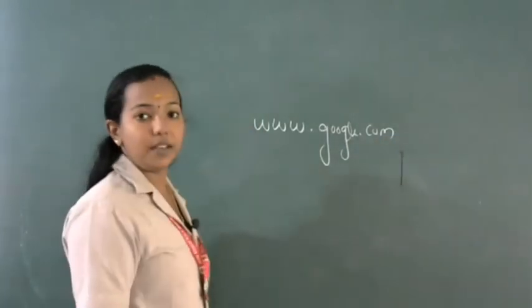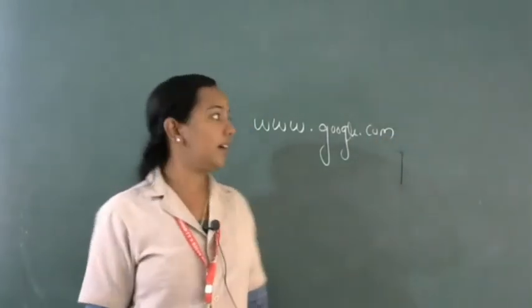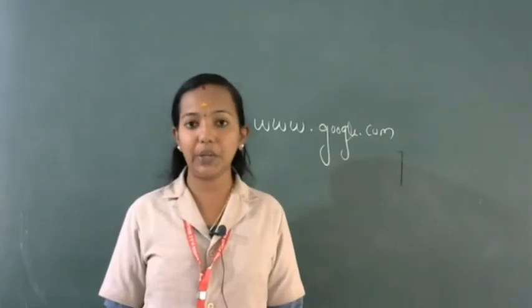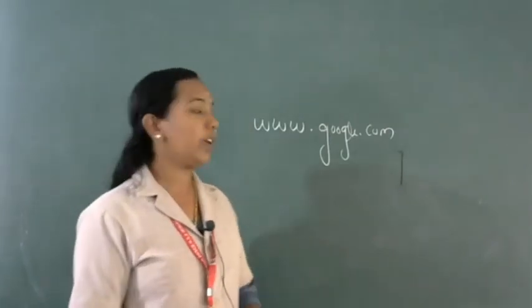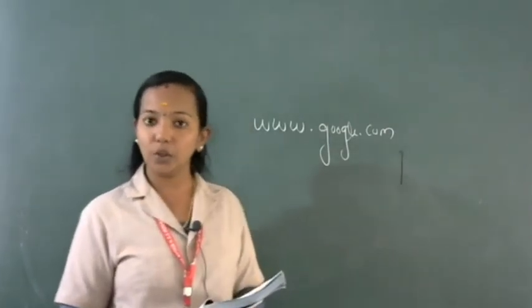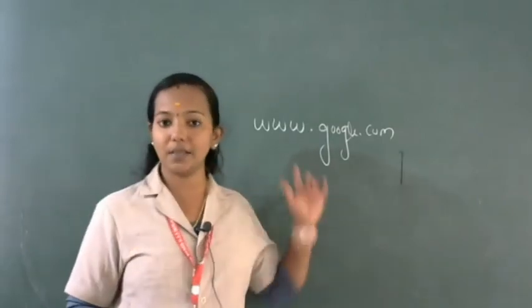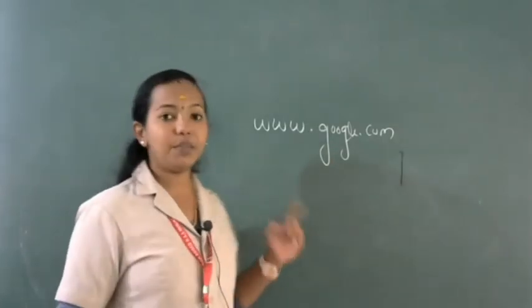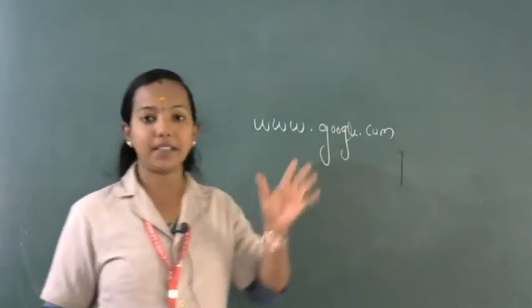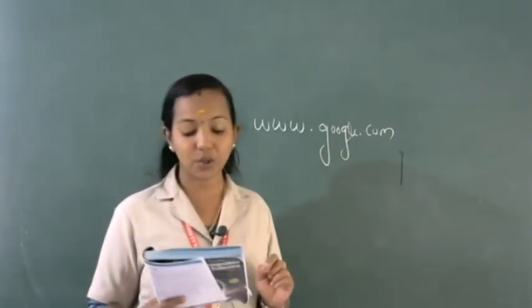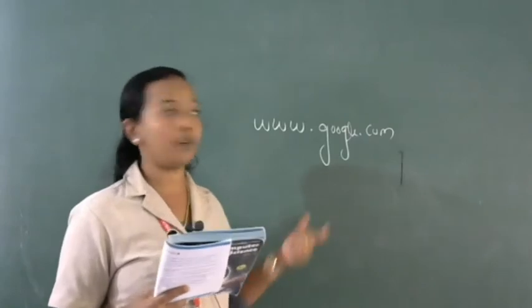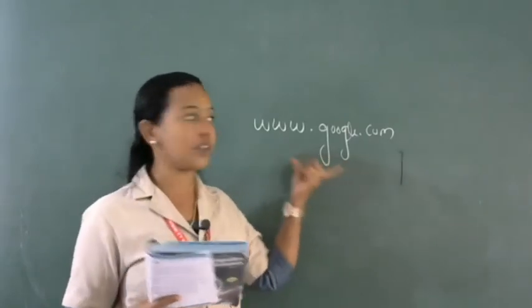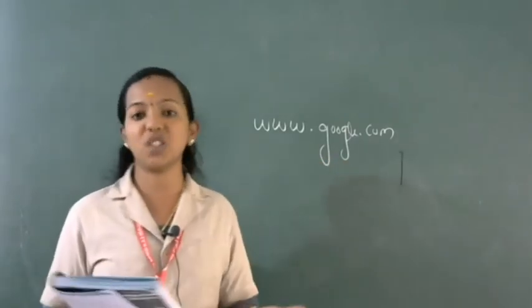Okay, he is using one site, www.google.com. Do you know what this means? Actually, this is a URL. When you type this, you will get the Google web page, that means the Google homepage. Then to search for information, he uses a search engine, the Google search engine, for searching the information.